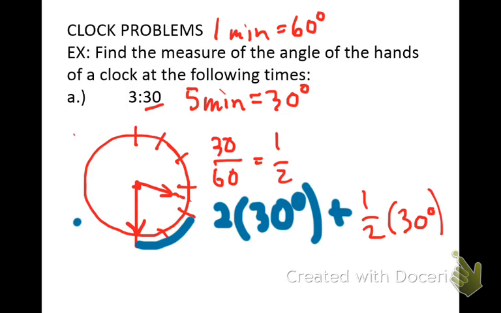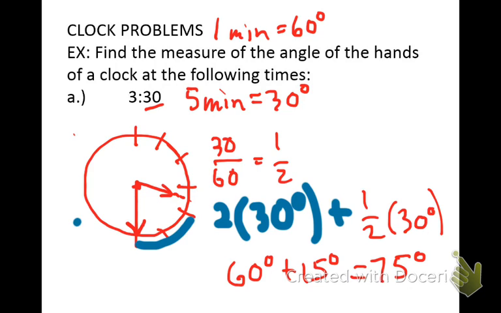So that's going to give me, then I do the math, 60 degrees plus 15 degrees, which is equal to 75 degrees. All right, any questions on that one? Okay, it's just a process.